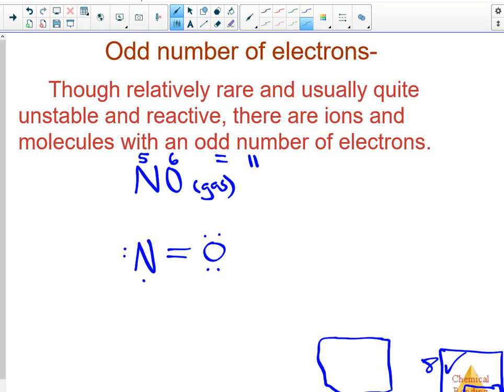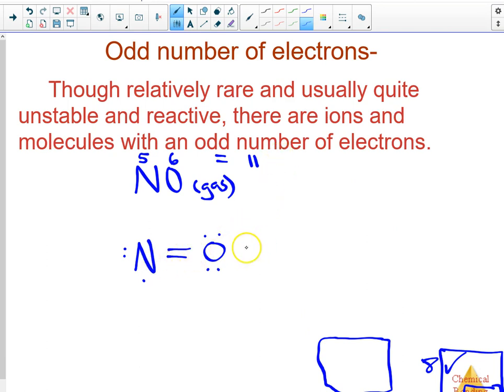All right, so odd number of electrons, though relatively rare and usually quite unstable and reactive, there are ions and molecules with an odd number of electrons. So like nitrogen monoxide gas. Nitrogen has 5, oxygen has 6, so we add those up and we get 11 valence electrons.